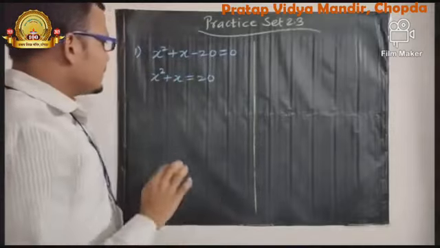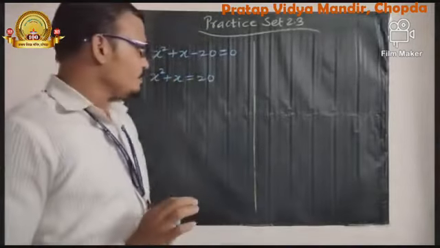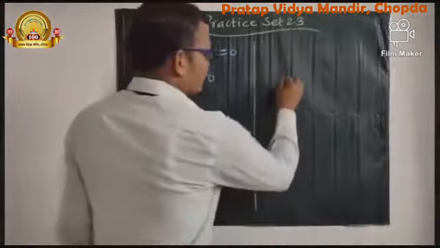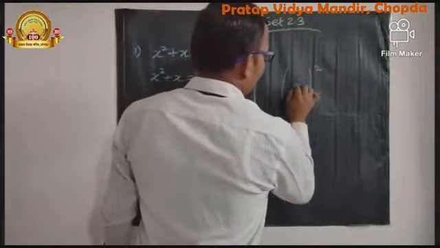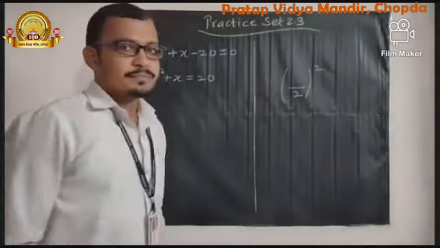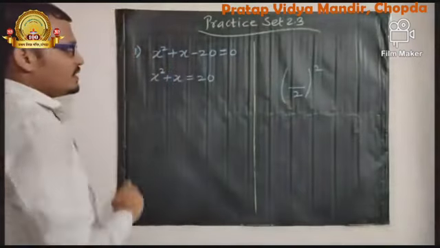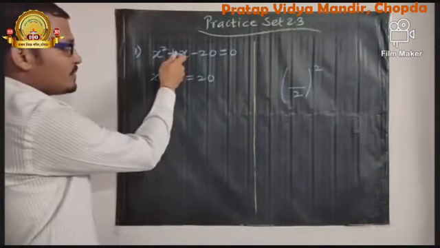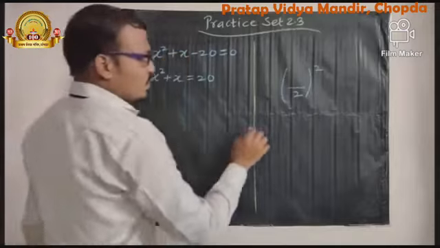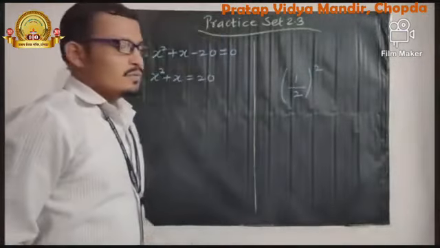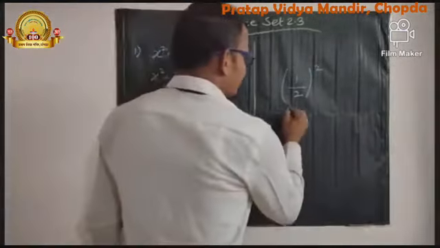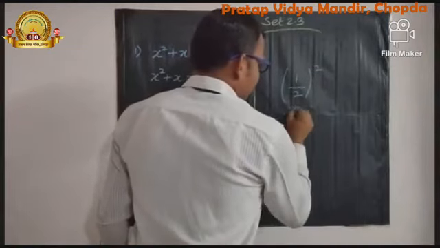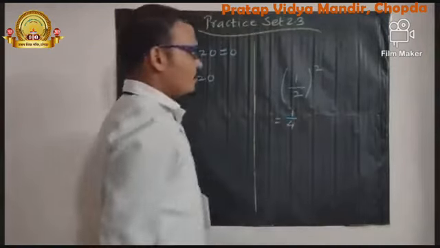Now the next and very important step is to add the square of half of the coefficient of the middle term. Here the middle term is x, and what is the coefficient of the middle term? 1. So that is (1 upon 2) squared. So we get 1 upon 4.